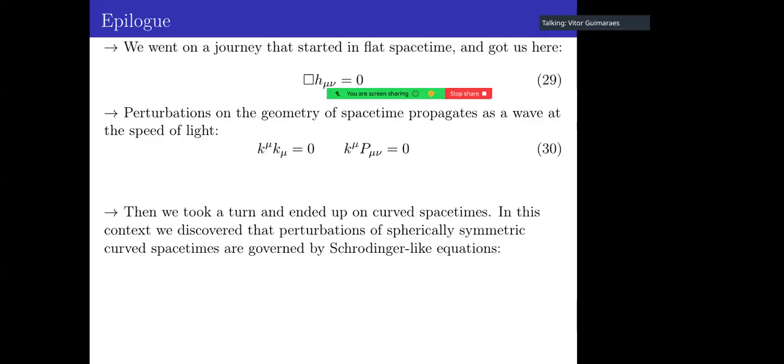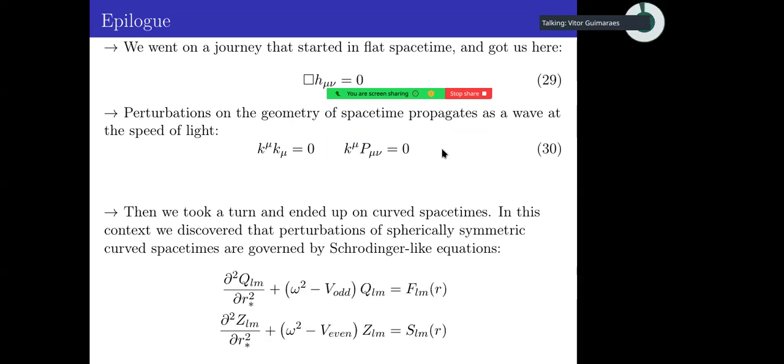And we discovered that in the context of perturbations in a spherically symmetric curved spacetime, this wave of geometry, this geometric wave, is governed by Schrodinger-like equations with this look, right?